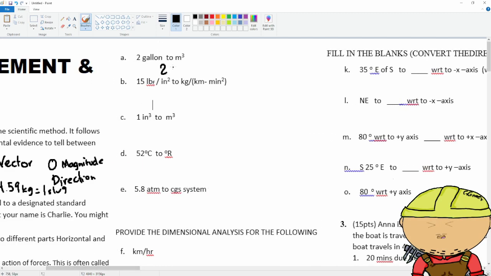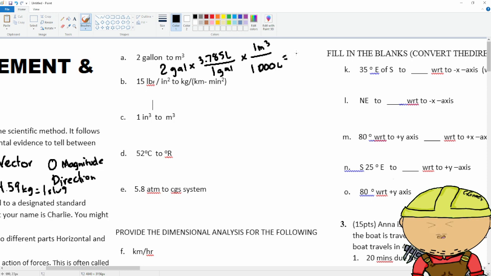2 gallon to meter cube. We know that 3.785 liters per gallon, and 1,000 liters is 1 meter cube.